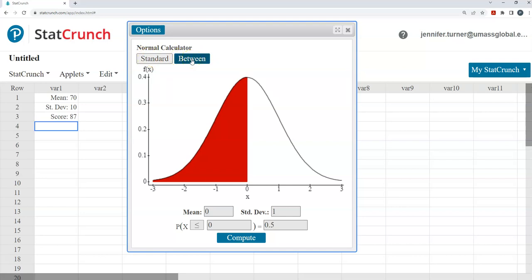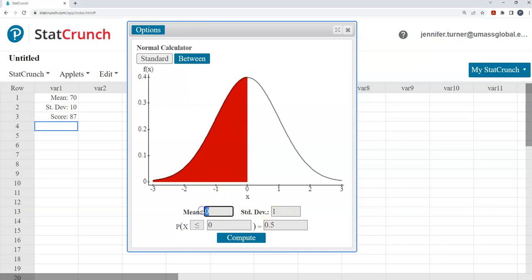For a percentile, we're looking for the probability that a person would score that number or less. So here we're looking for the probability that someone would score an 87 or lower on this test. All we have to do is fill in the boxes down here.